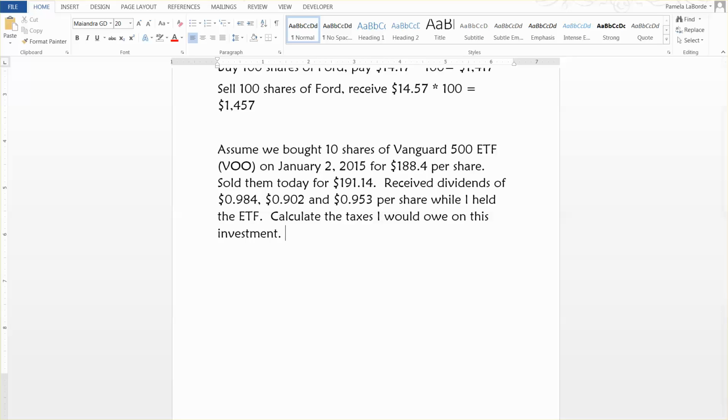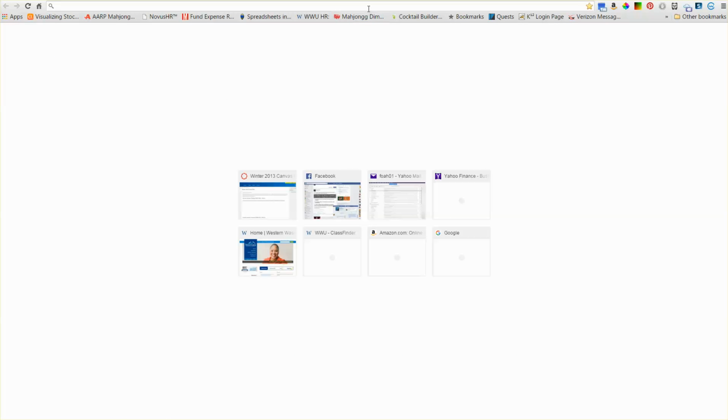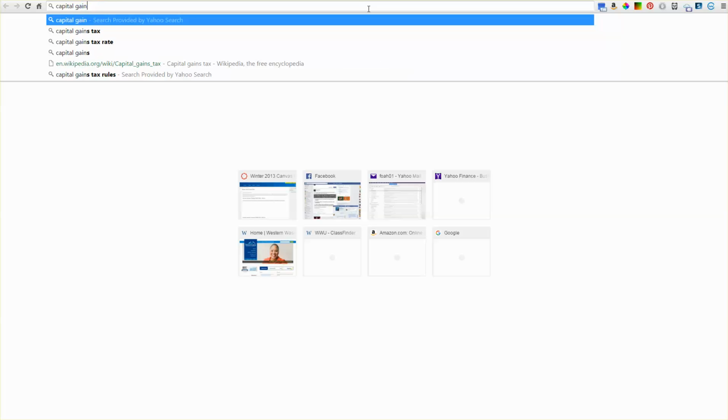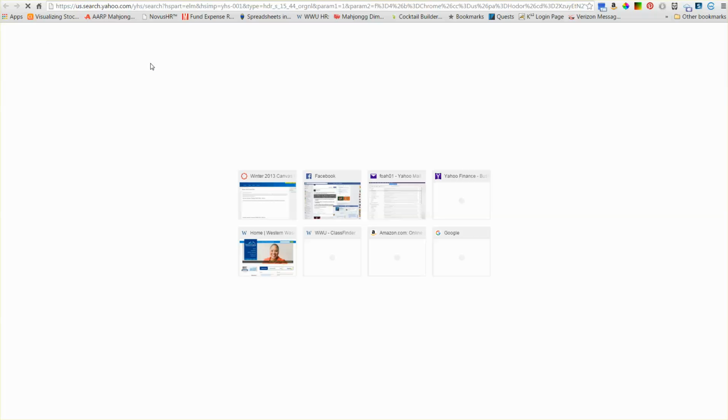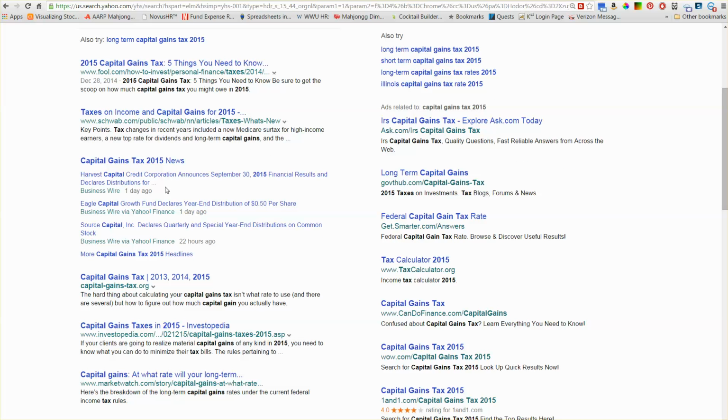I need to know one thing though, and that is what tax bracket I'm in. So I'm going to assume that I am in the 25% ordinary income tax bracket. And I meant to get this open and I forgot to, so I need to find a table that shows me the tax brackets. I know I had one before, but I forgot to open it and link it.